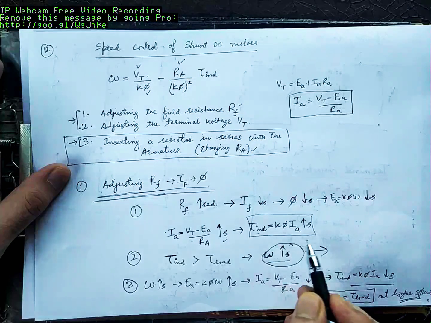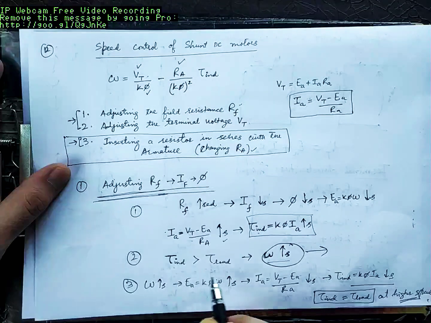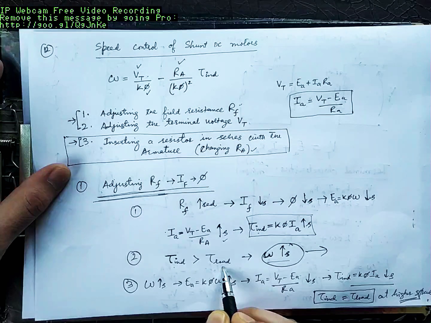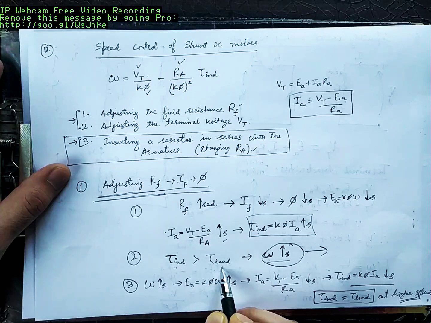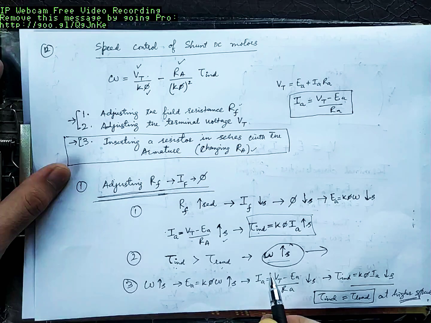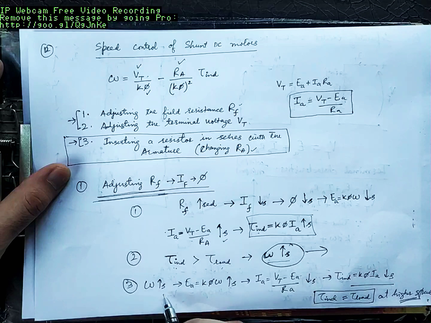When induced torque is increasing, since load torque is constant, induced torque is more than the load torque now. So this motor will start accelerating. That means its speed will start increasing, that is, omega is increasing. Now, what happens to EA equal to K Phi omega? This induced EMF will start to increase.